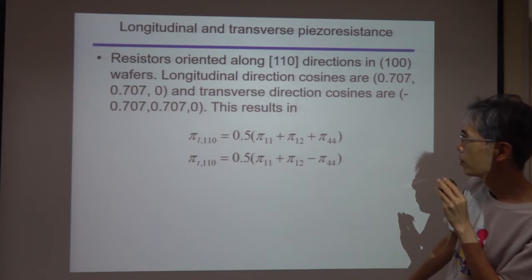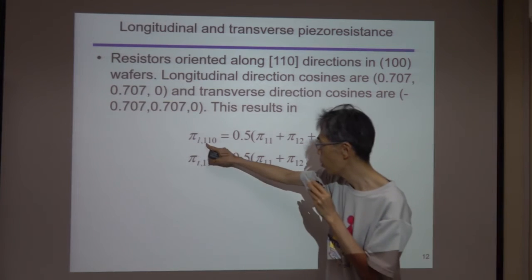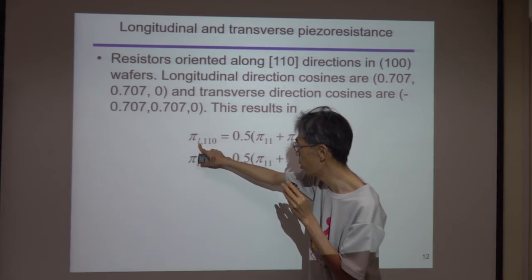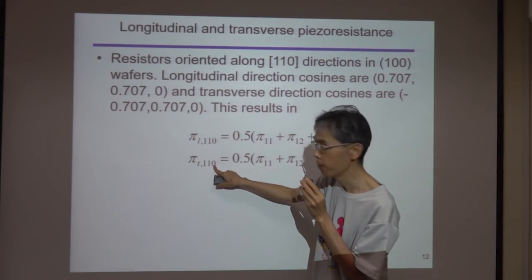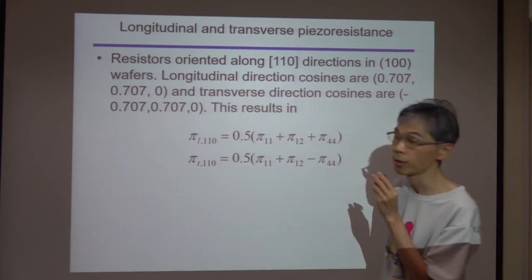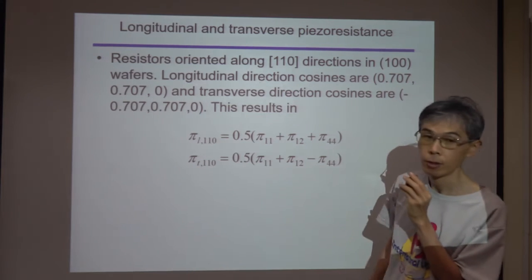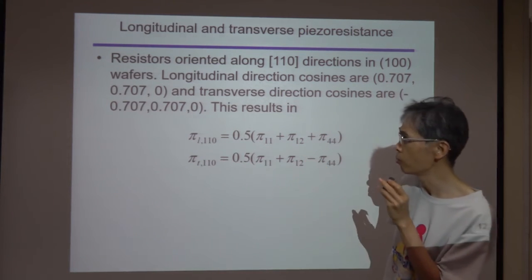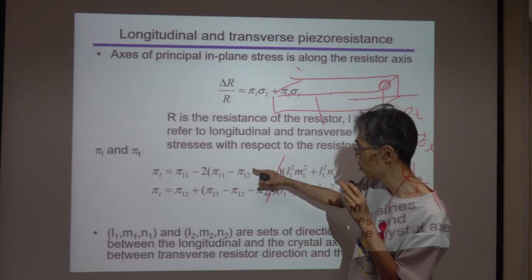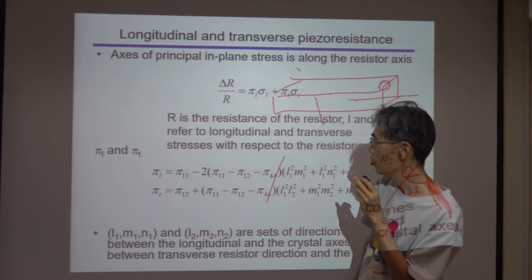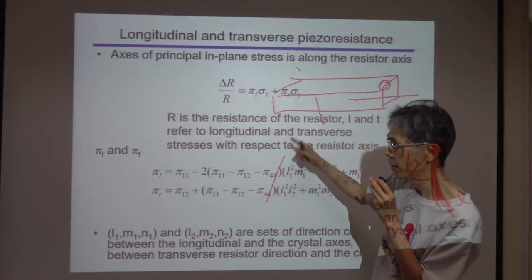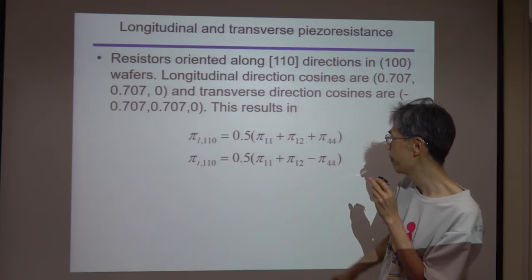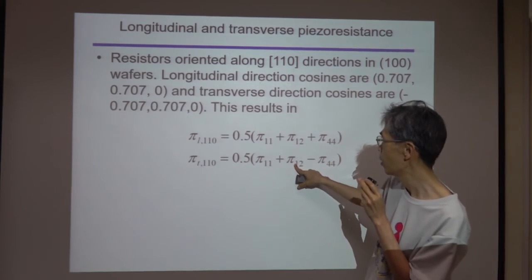So the 1 1 0 direction is pi L, and the 1 1 0 direction is pi T. Please use the 3 equations. Okay, previous page. Please use these two equations to calculate. Next page. The values here.